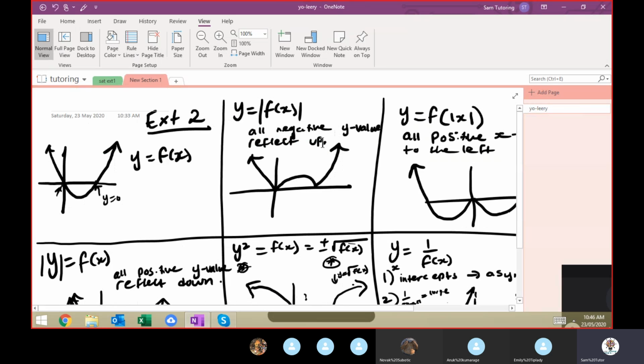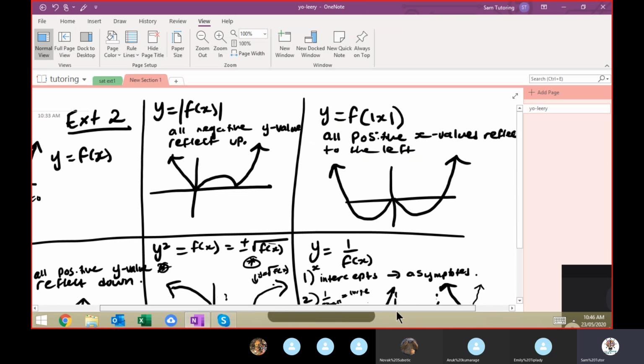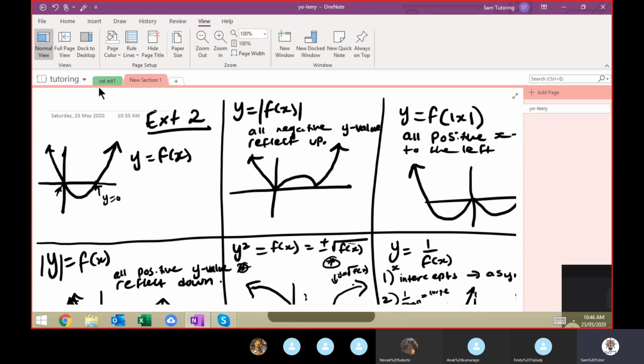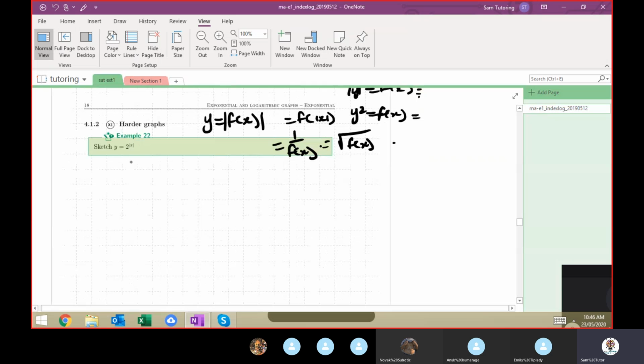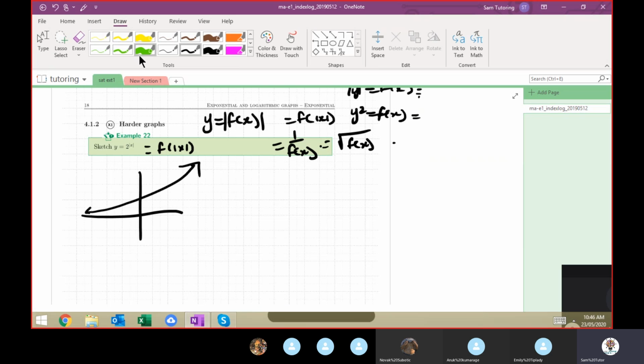So the x being absolute value is this one here, which says all positive x values will get reflected to the left. Because I've memorized that, I know this is the same as this. So the original exponential is this. And then, of course, the answer that we're looking for is this.